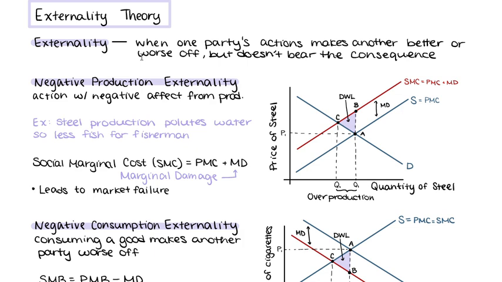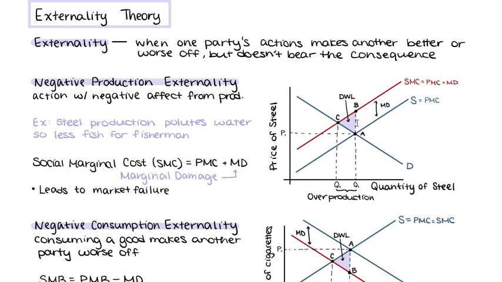It's negative production externality. Here's the chart, X is producer marginal cost. If we want to take the negative production externality into account, we use this, which is social marginal cost, and it's above because we have marginal damage here.